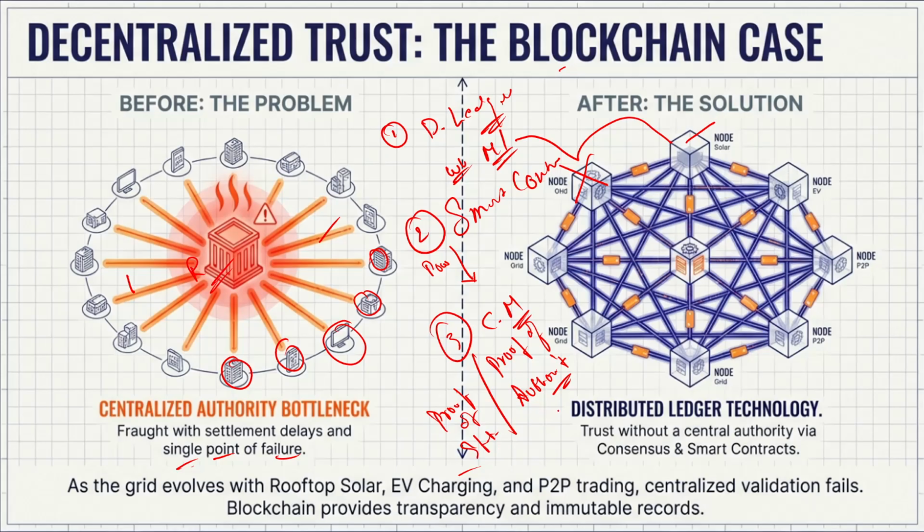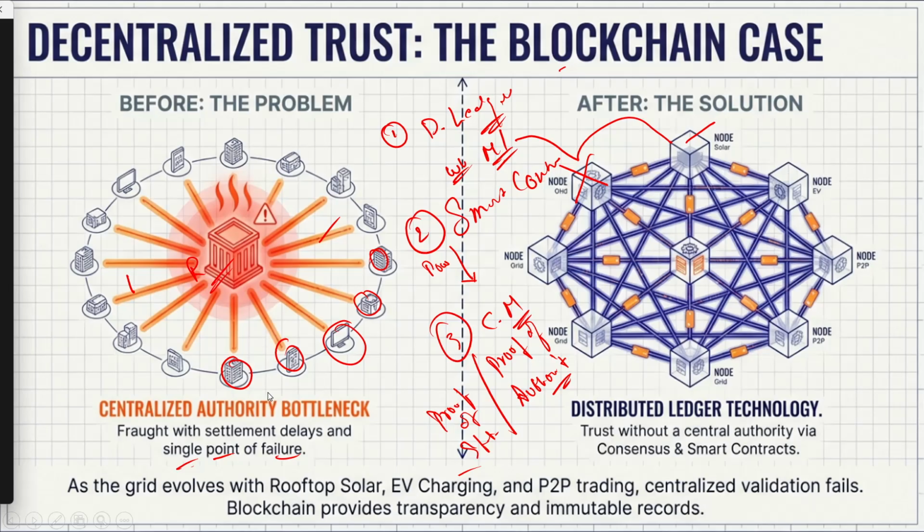So this will always validate and verify the consumer and also the producer, right? Whenever we try to sell the power we have generated using the rooftop solar, we need to verify ourselves, and we also need to verify the consumer who will be buying from us. So this consensus mechanism will help us do that by providing the proof of authority, or as we also call it, proof of stake. Correct. That is one thing.